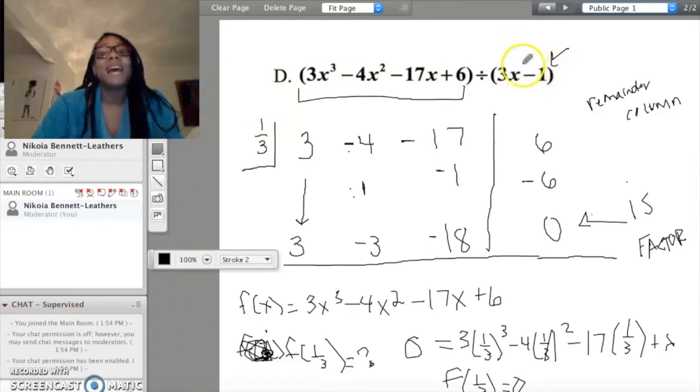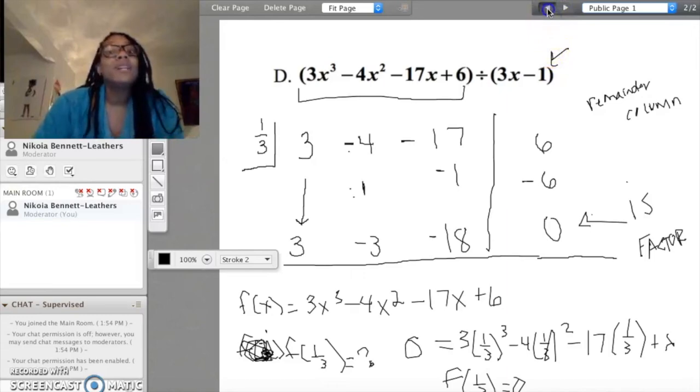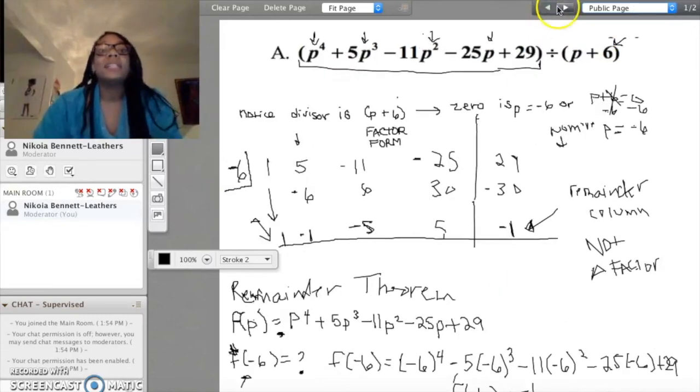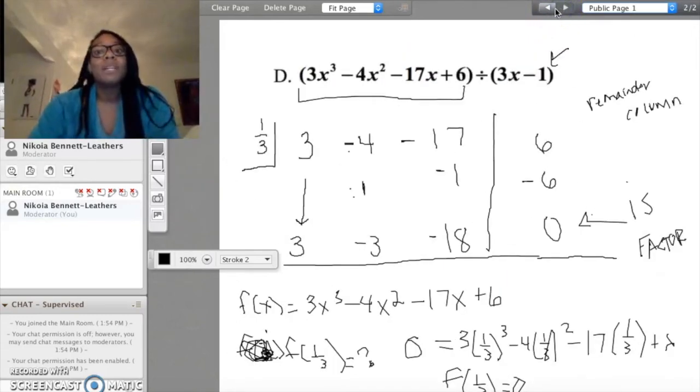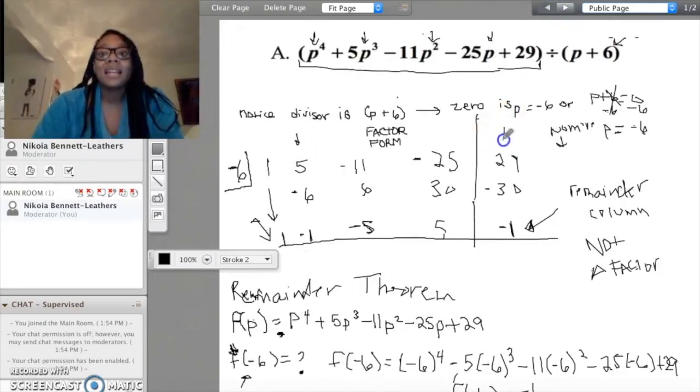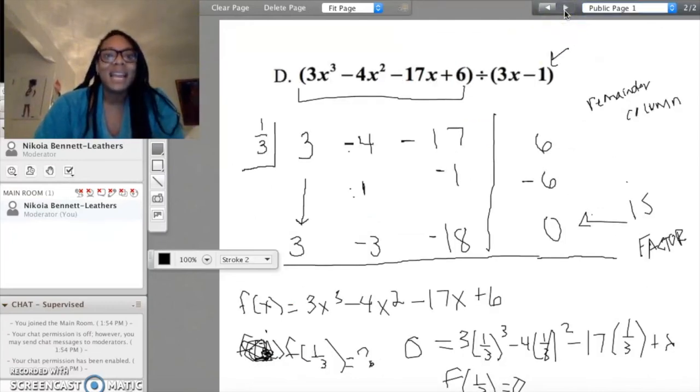If I'm looking at a factor, I set that equal to 0 and solve for x. If I plug it into the function I'm testing, that output should either give me a remainder or give me 0, one or the other. It's going to give you the same thing as this last column. So that last column and your f of the 0 test, or the remainder theorem, should give you the same thing.